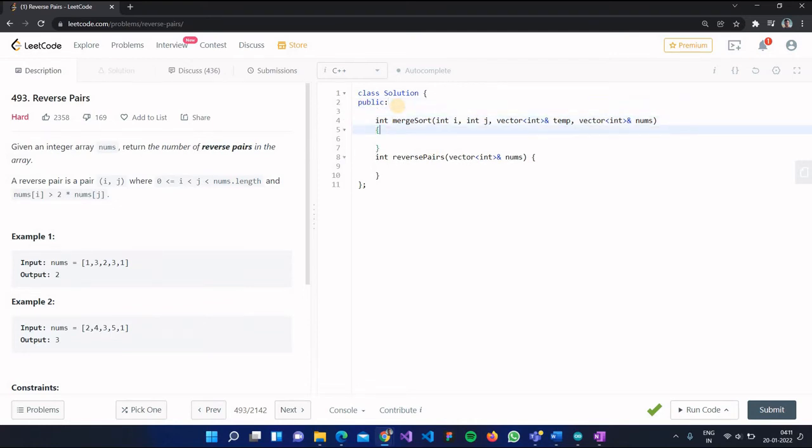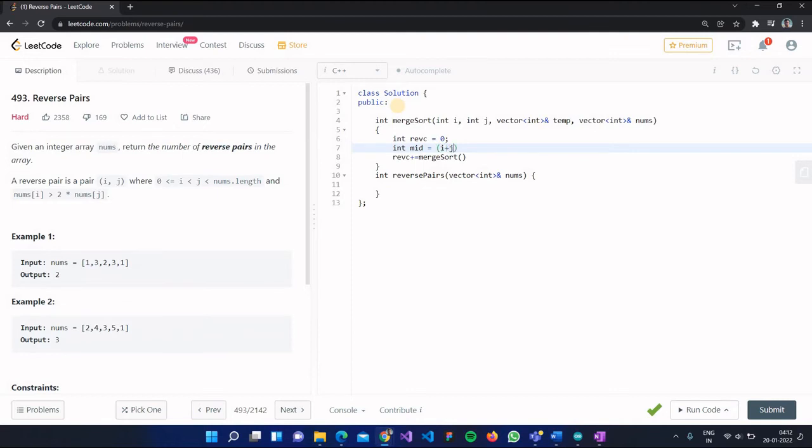So okay, fine. First of all, we take one counter, that is the reverse counter, okay? Then we apply this recursive step over here. Now if you've not watched merge sort, I urge you to go and see that once, because otherwise this whole concept would not be very clear to you.